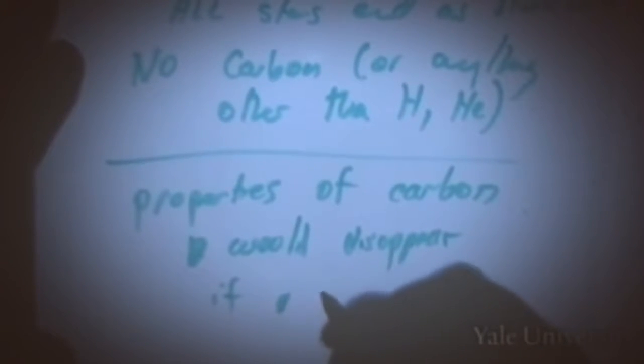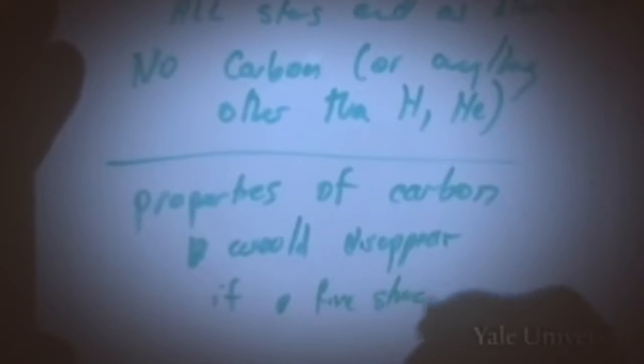It turns out that these complex chains and complex carbon chemistry would disappear if the constants of nature, and in particular something called the fine structure constant, were even slightly different.